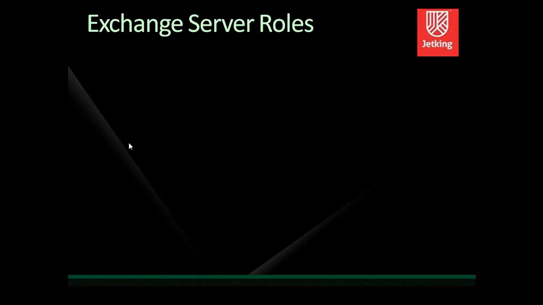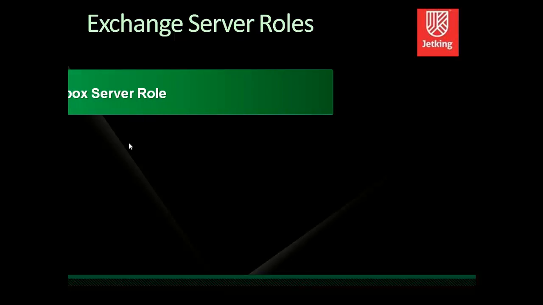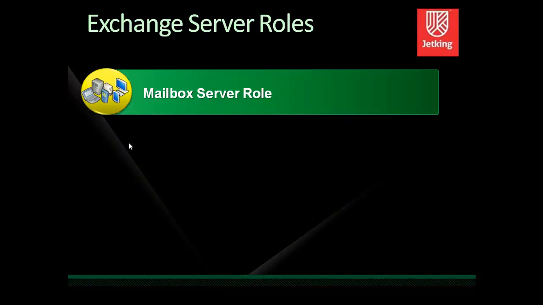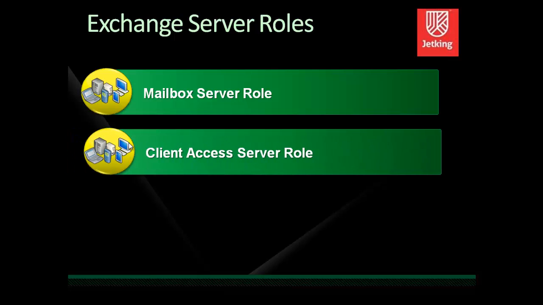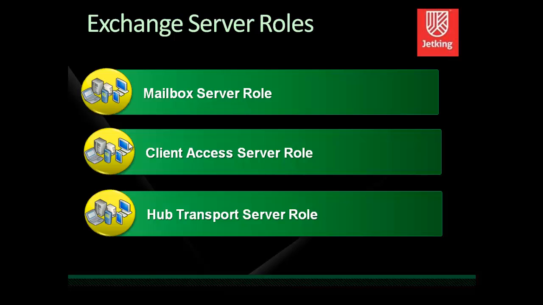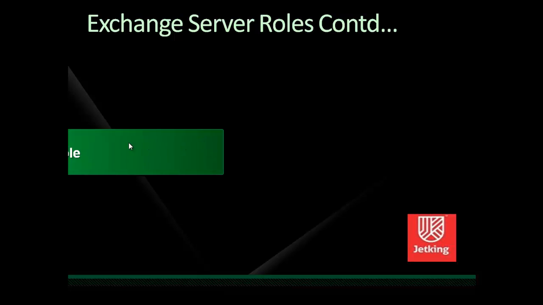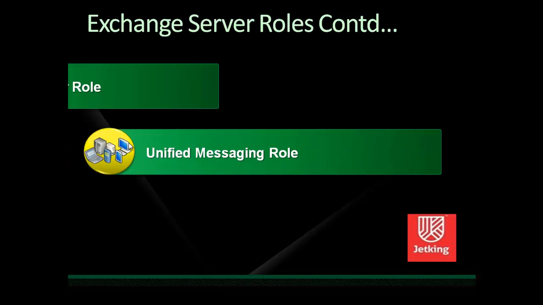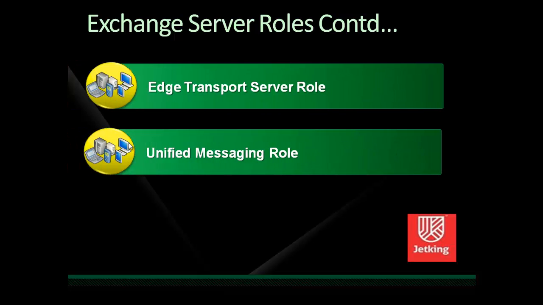And to talk about Exchange Server roles, we have major Exchange Server roles. As you can see on the screen, the first one is the mailbox server role, followed by the client access server role, hub transport server role, and the unified messaging server role.